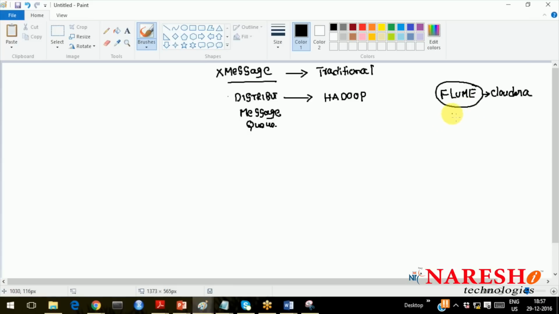Now this was given by Cloudera, and all of you use something called Facebook. Whenever you click something in Facebook, how does Facebook know that you have clicked something? Let's say you accessed a Flipkart website and checked a product, then Flipkart will say, hey, he is interested in that product, always push this kind of data to that user.